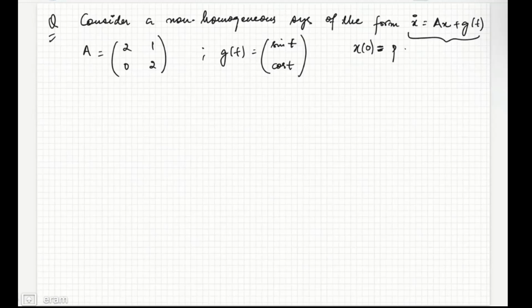How to proceed? Since this matrix A is a constant matrix, we can calculate the state transition matrix e to the power At, and we can find the solution using the initial condition times the state transition matrix.